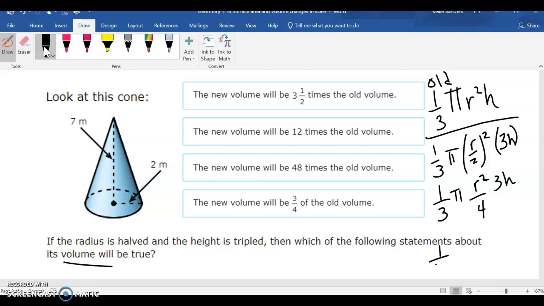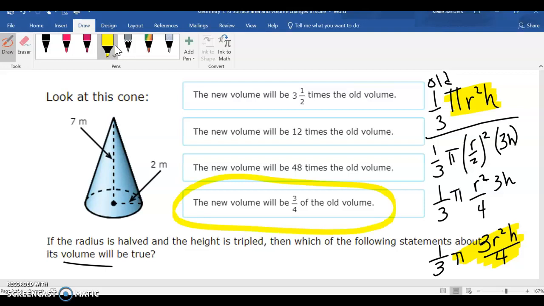And one more. So that would be 3r squared h over 4. If I'm just comparing this part, because the 1/3 is already there anyway. So it's 3/4 as big as the old one.